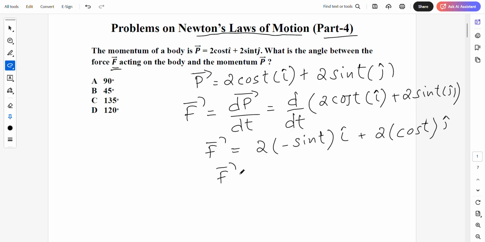Therefore vector F is equal to minus 2 sin t i cap plus 2 cos t j cap. Now we are supposed to find the angle between vector F and vector P.